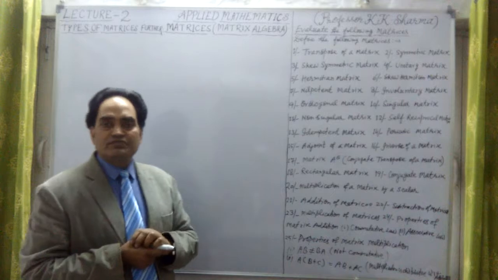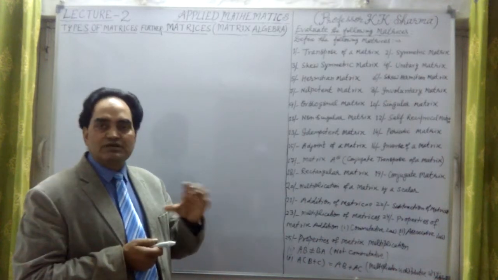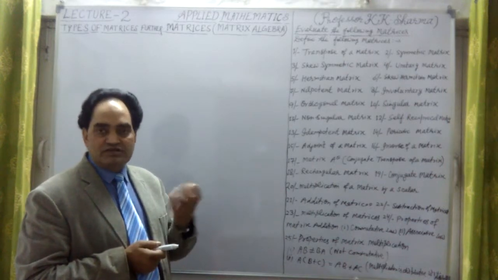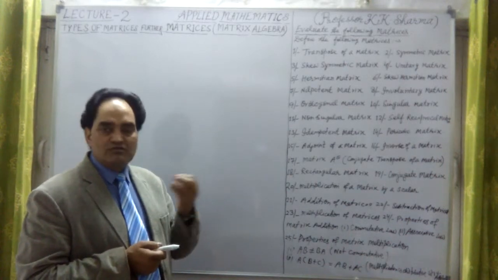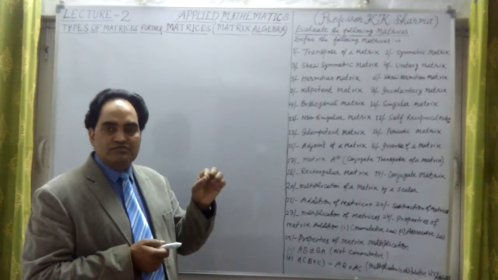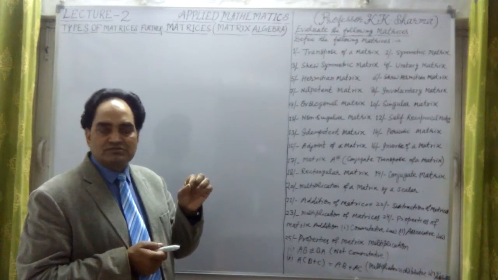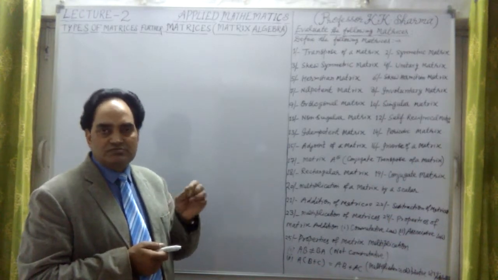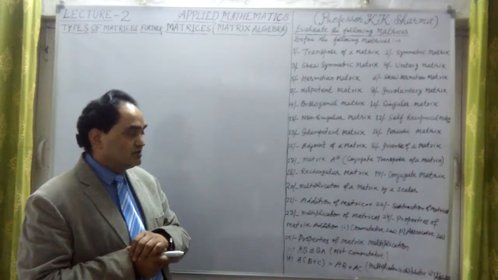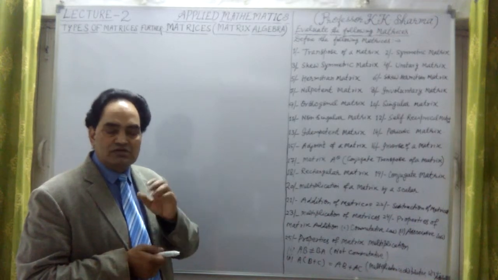In the first lecture series, I defined what matrix algebra is, or what a matrix is. A matrix is a rectangular array representation of numbers. These m times n numbers may be distinct, or some of them may be similar. They are represented in a rectangular array in m rows and n columns.